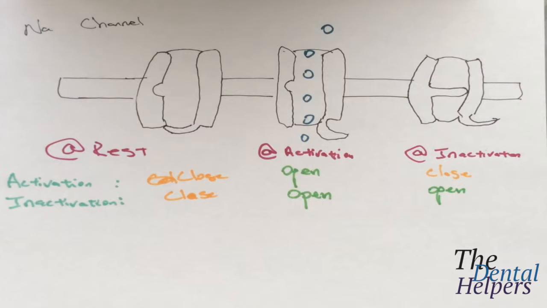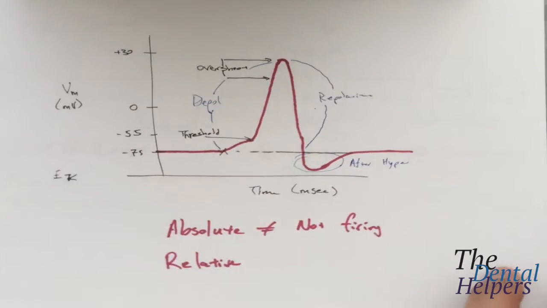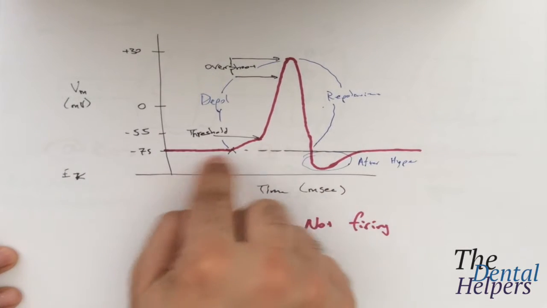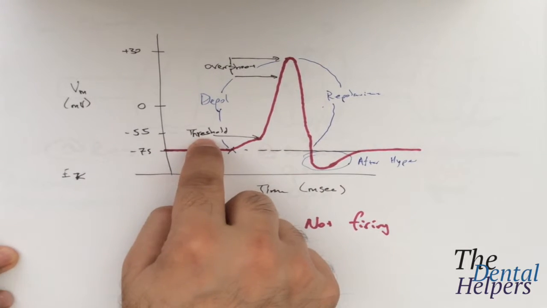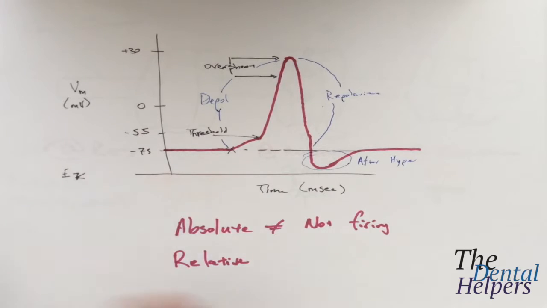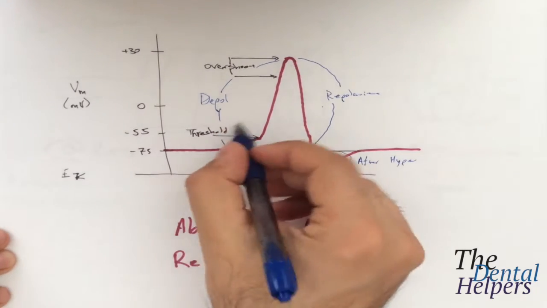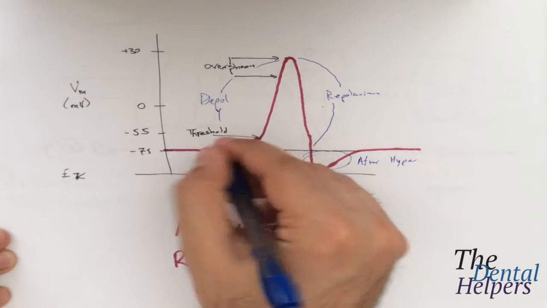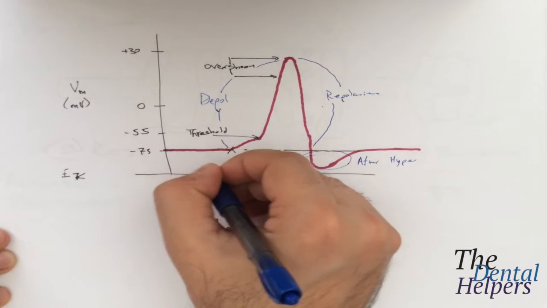So in general, if we're going to look at what sodium and potassium are doing, we have to think back to the other graph. So if we're looking at this graph right here, at the resting state, which is this right here, we're going to see that the activation gate is closed and the inactivation gate is open.